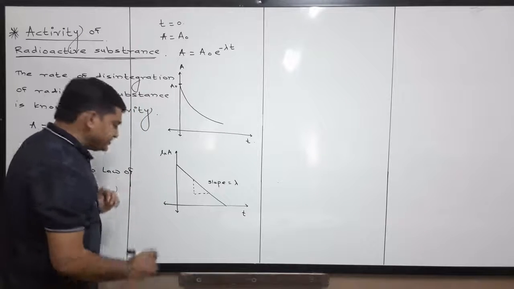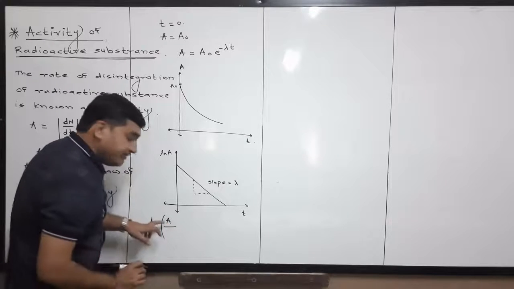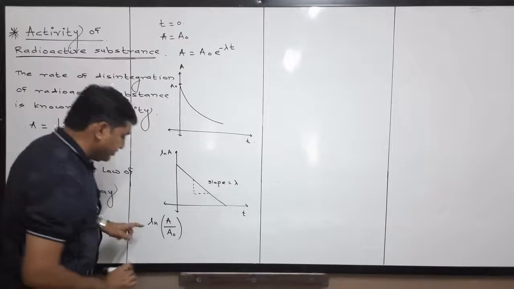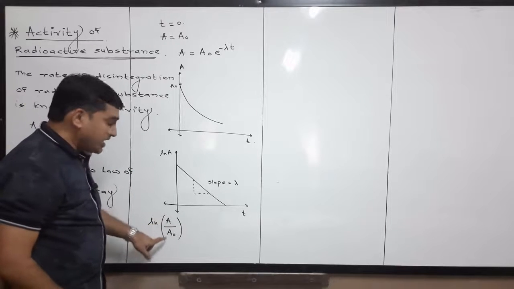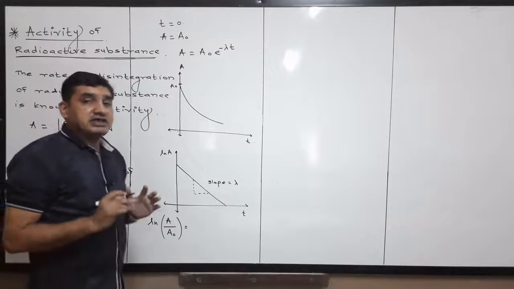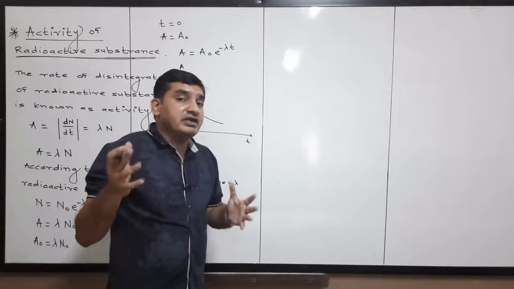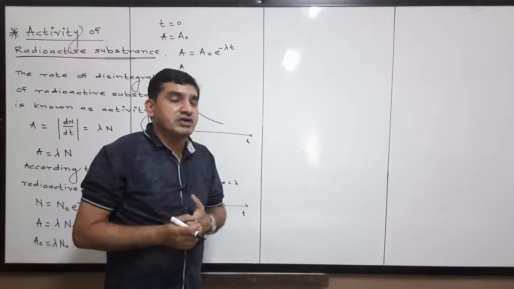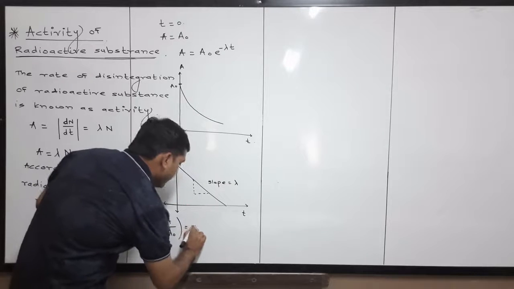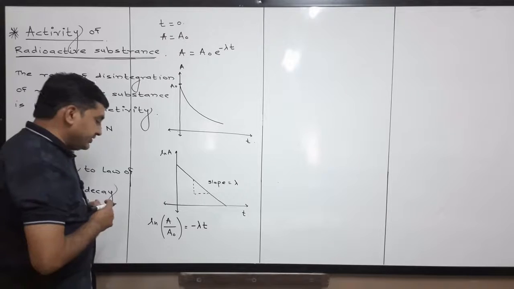Simply, ln of A upon A0 can be represented in terms of the exponential term, and this can be written as minus lambda t.